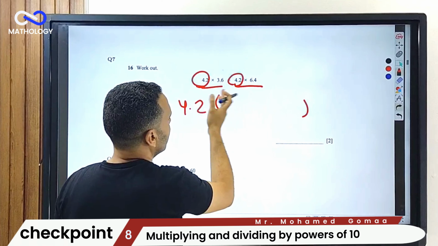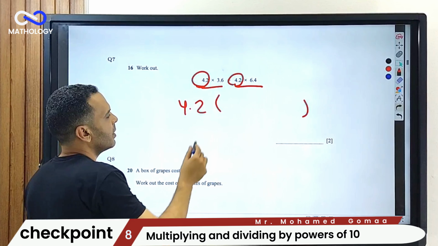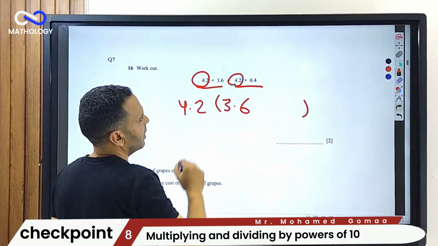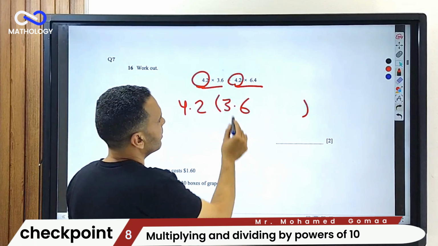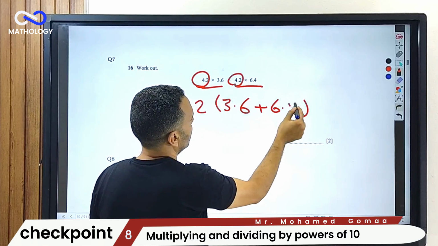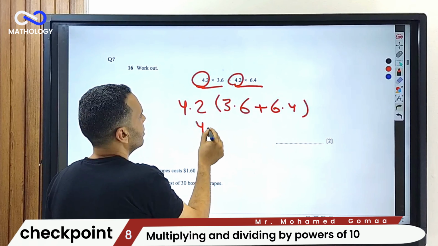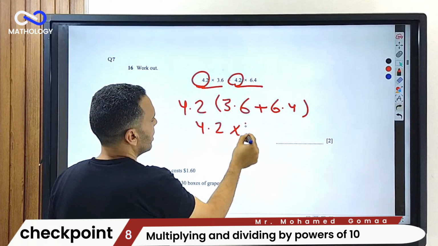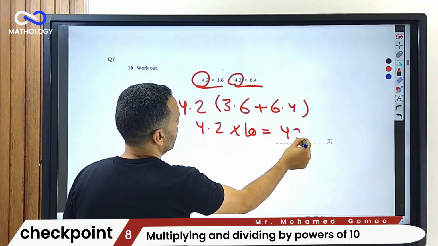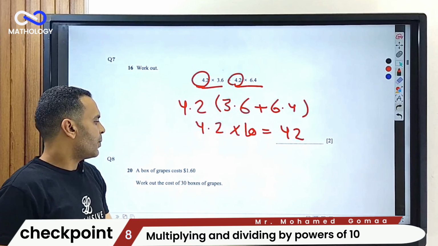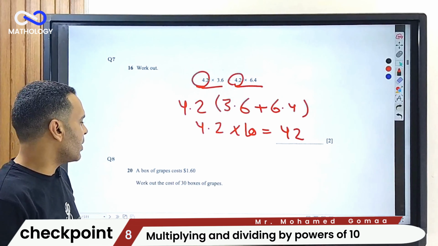Take this common factor outside the bracket. Here, the left will be 3.6 plus 6.4. 3.6 plus 6.4 equals 10, so 4.2 multiplied by 10 equals 42. Move the decimal point to the right because we multiply by 10.